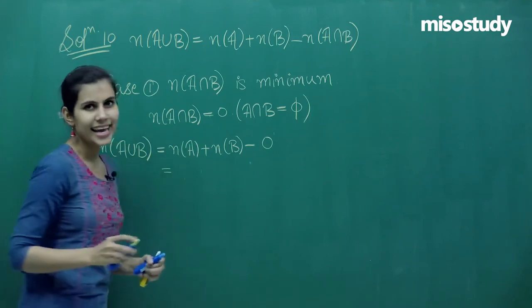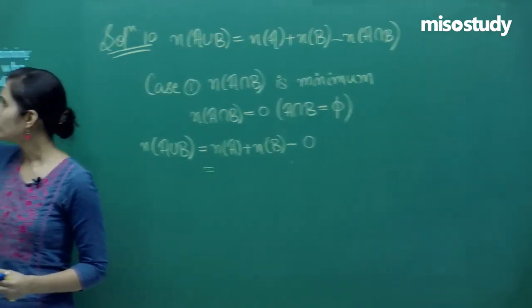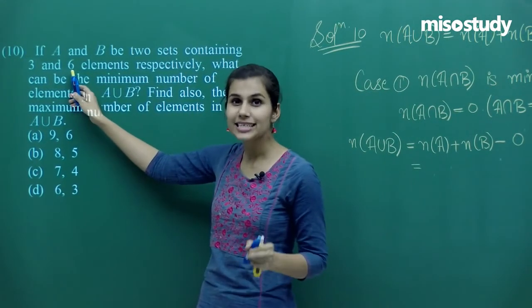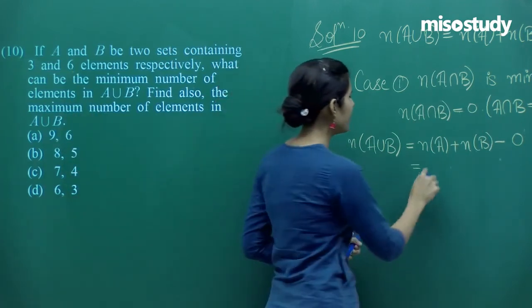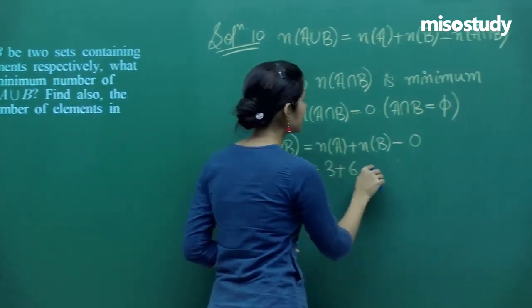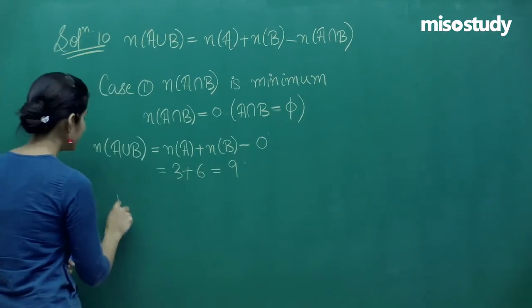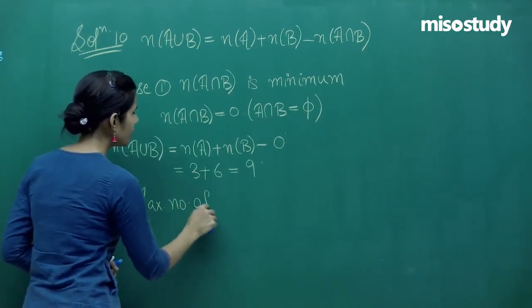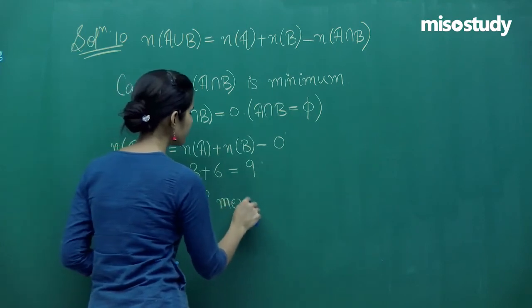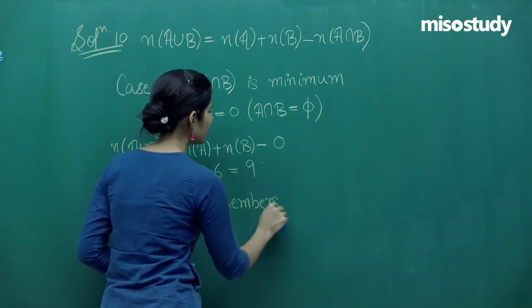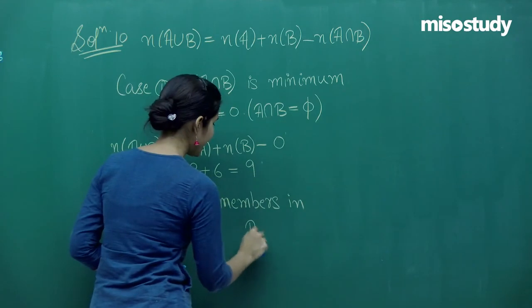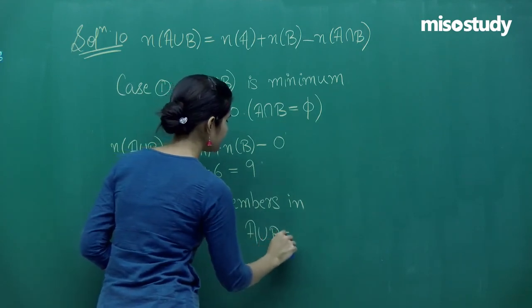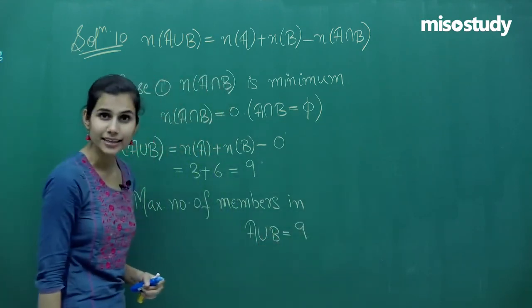The number of members in A is given to be 3 and in B is given to be 6. Therefore, 3 plus 6, which is 9, is the maximum number of members in A union B.